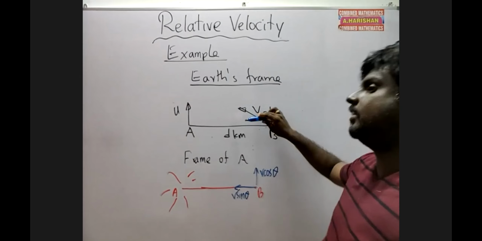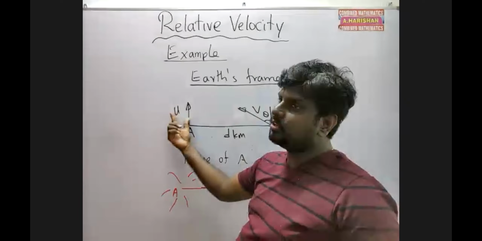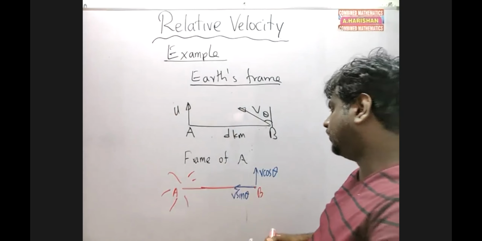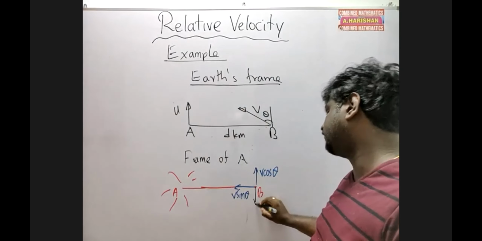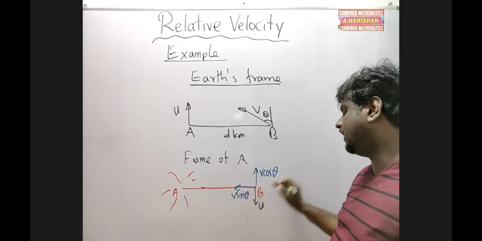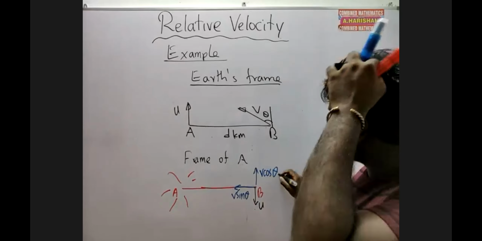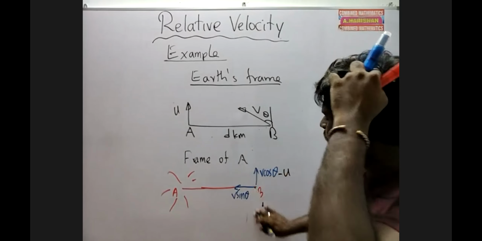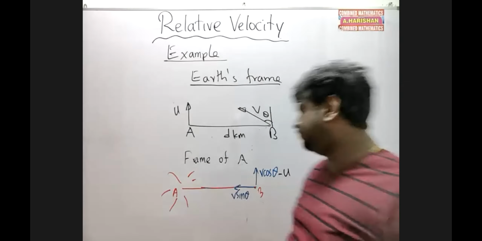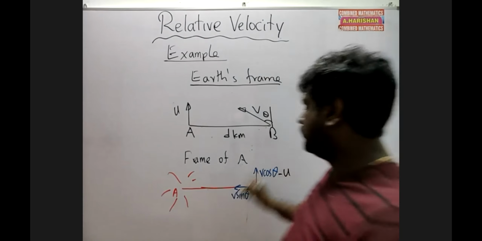I resolve this V as V cos theta and V sin theta because I know that I have to take the U out and make it opposite direction and give it to this B. So that one is coming here, U. If V cos theta is greater than U, then this is going to be V cos theta minus U. If U is greater than V cos theta, it will be down. I take V cos theta greater than U, so it will be like this.